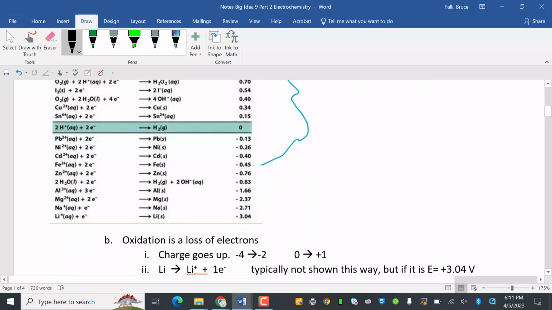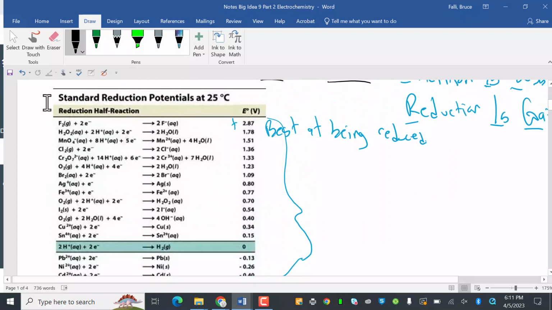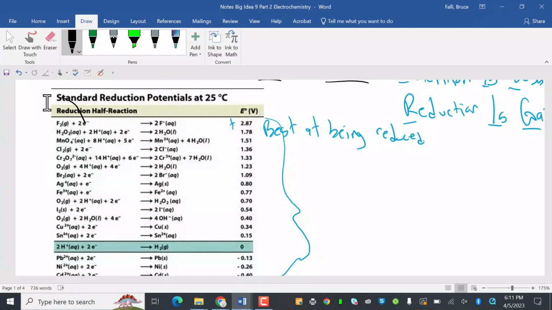It used to be you were given this whole thing, but now there's just parts of it. This is the reduction potential. Notice how every one of these guys is gaining an electron. Reduction is gain of electrons, right? So these are the best at being reduced because they have the biggest E0, and we'll get to that in a second.